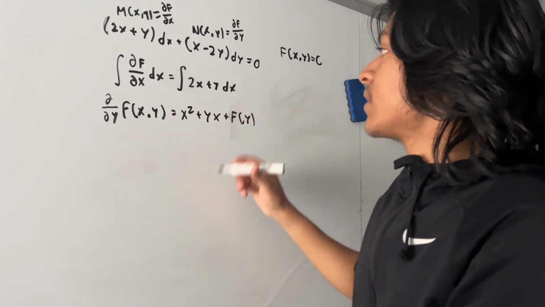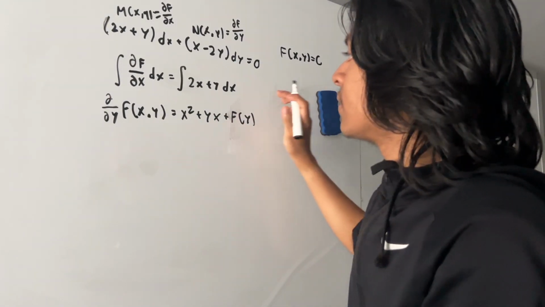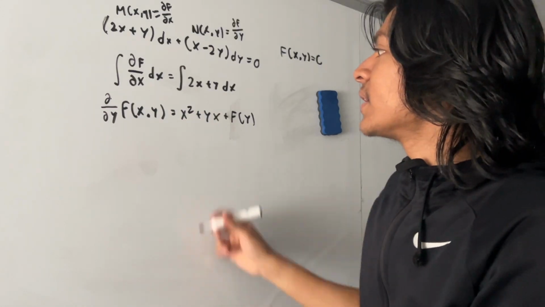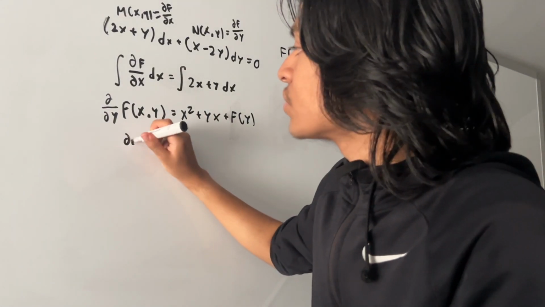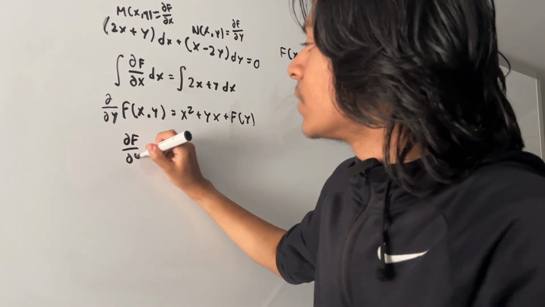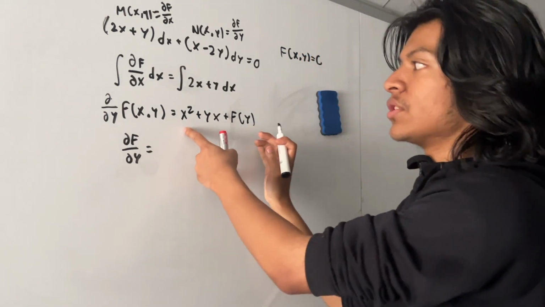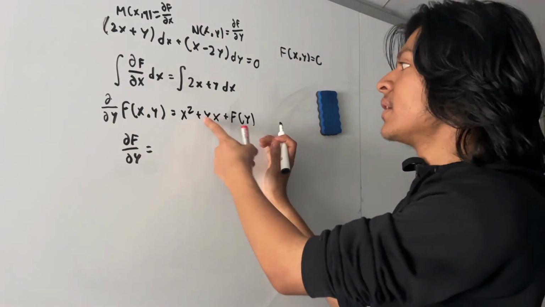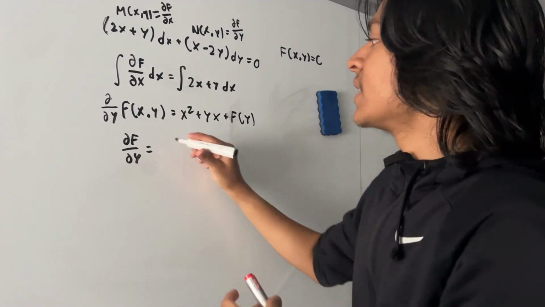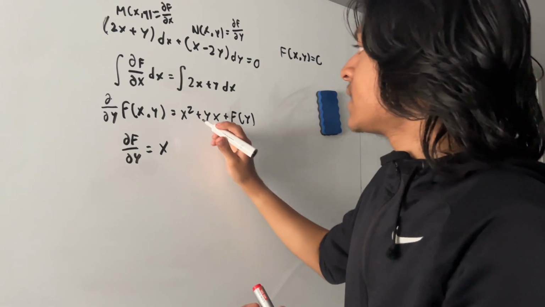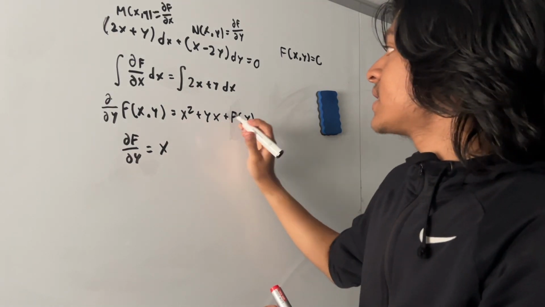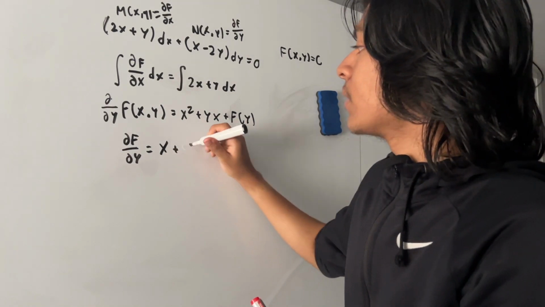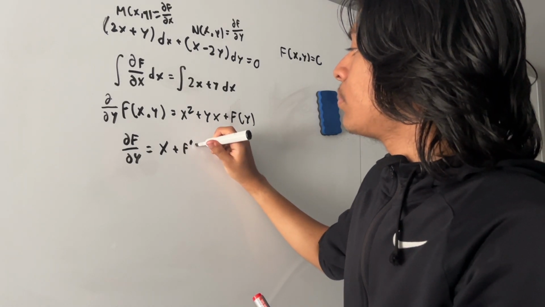So on the right side, we're also doing the same thing. I'm just not going to write it. So we have the partial of f over the partial of y. When we take the derivative with respect to y on this part, this goes away, and this is just going to be left as x. And as for this, we're going to leave it as f prime of y.